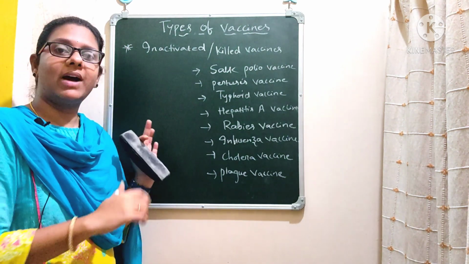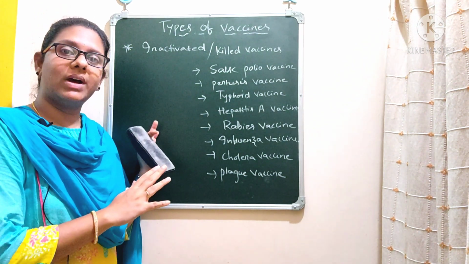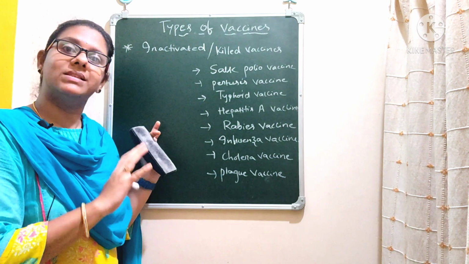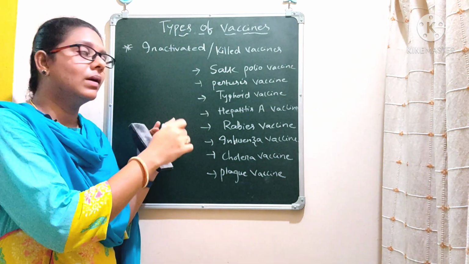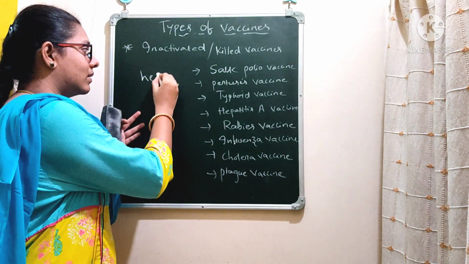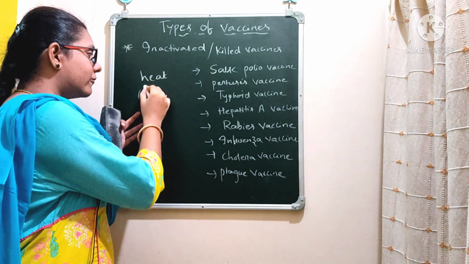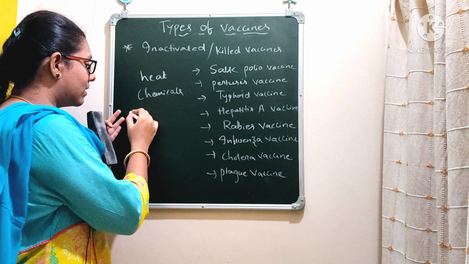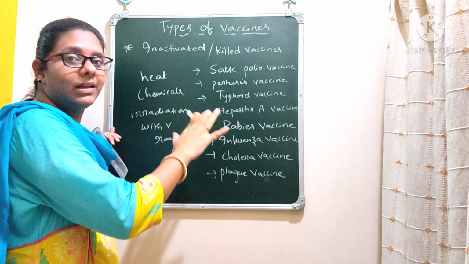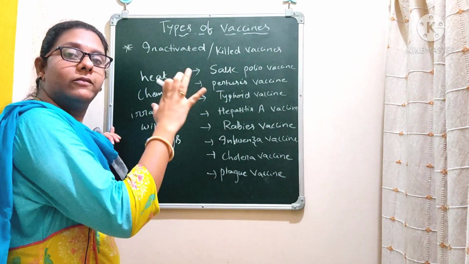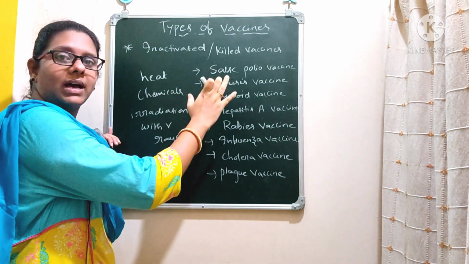Coming to the other type of vaccines, that is inactivated vaccines, or we can also call them killed vaccines. Here the organism will be killed by applying heat, by use of chemicals, or by irradiation with gamma rays. Here we are going to kill the organism, but we have to be very careful with these killed vaccines. Why?